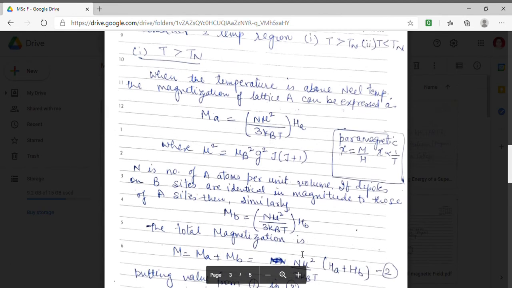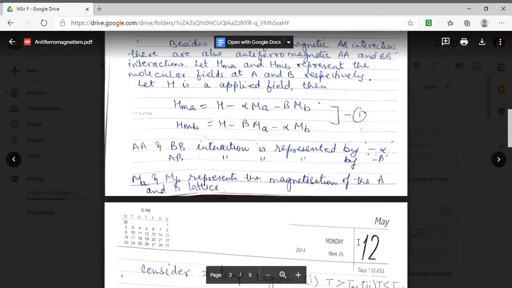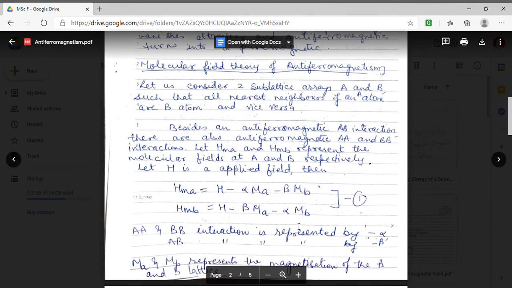Hence, the total magnetization M will be Ma plus Mb. So, collecting these two terms, n mu square upon 3 kBT into Ha plus Hb. We have already written the formula for Ha and Hb.